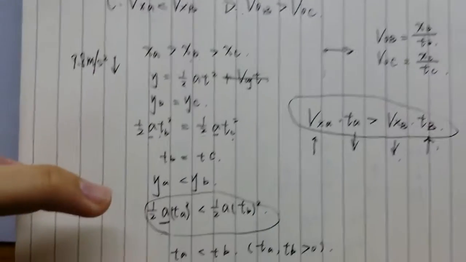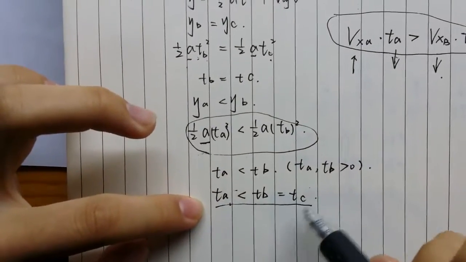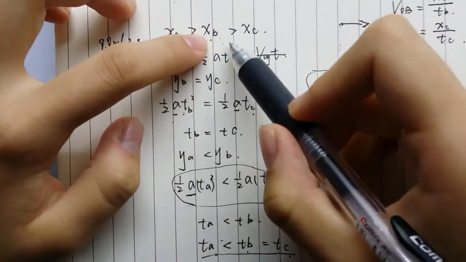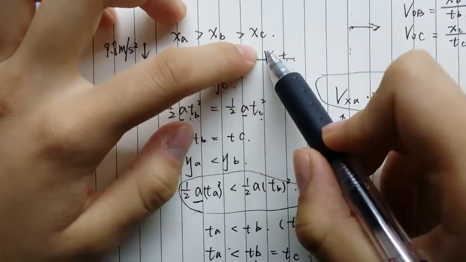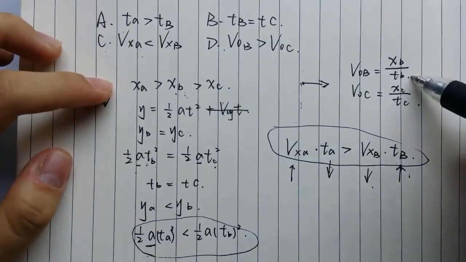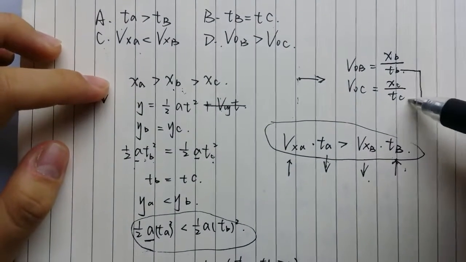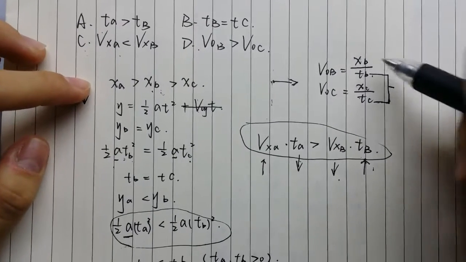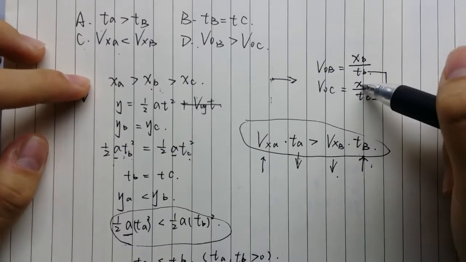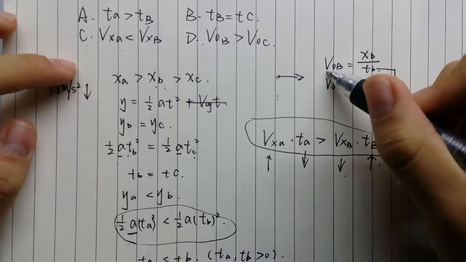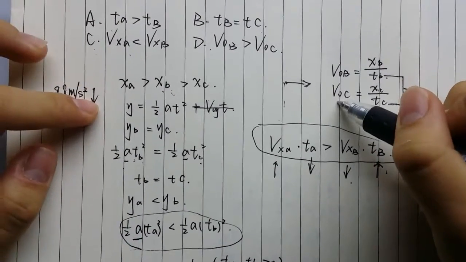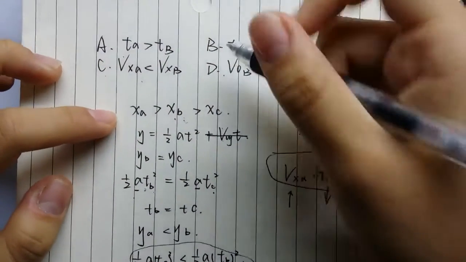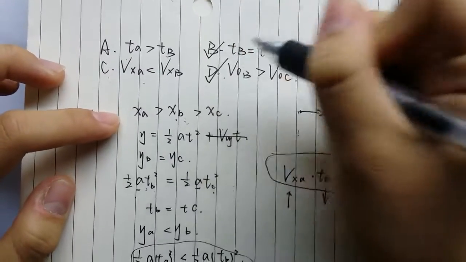From this one, we know that TB equals TC. And from this one, we know that XB is bigger than XC. So the things that XB and XC are divided by are the same, but XB is bigger than XC. This means V0B is bigger than V0C. So option D is correct. So for this problem, we know that B and D are correct.